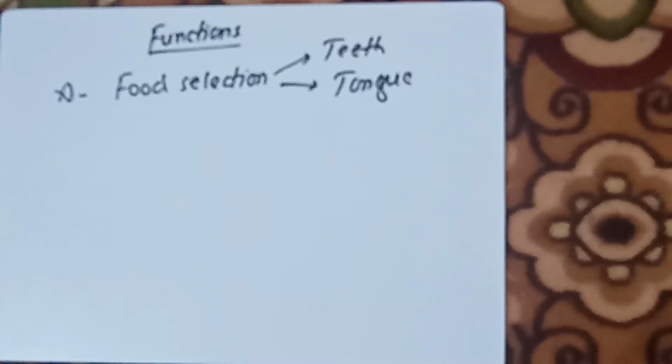If it is soft, our teeth will accept it, and our mouth cavity will take that food. The tongue will taste the food. If it is good, definitely that will be taken in, and if it is not liked by the tongue, it will not be taken by our mouth cavity.